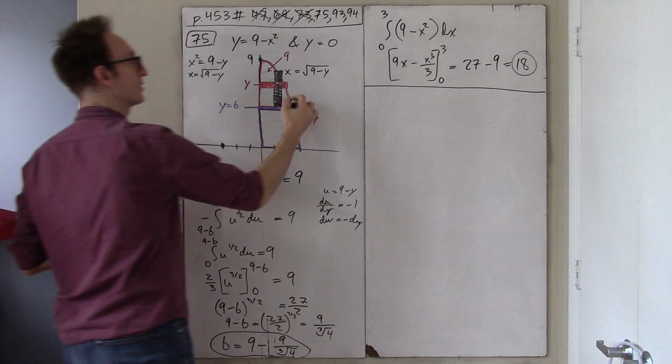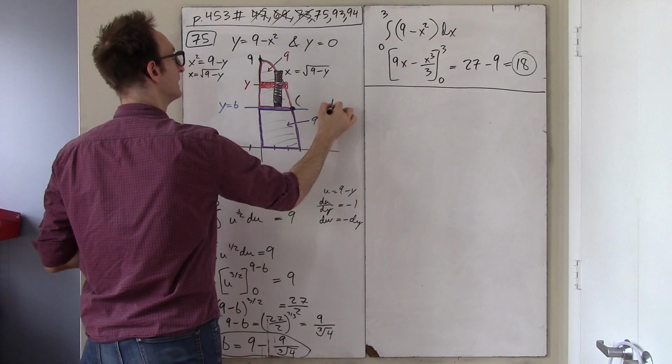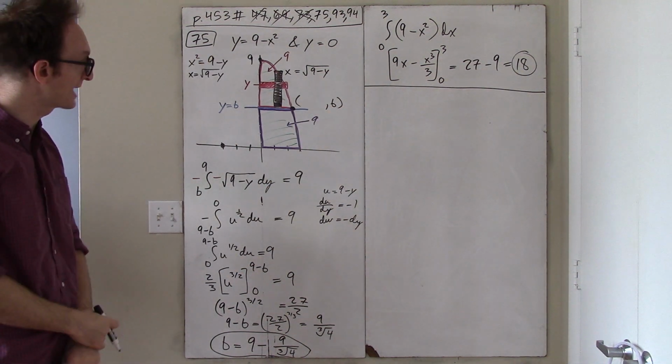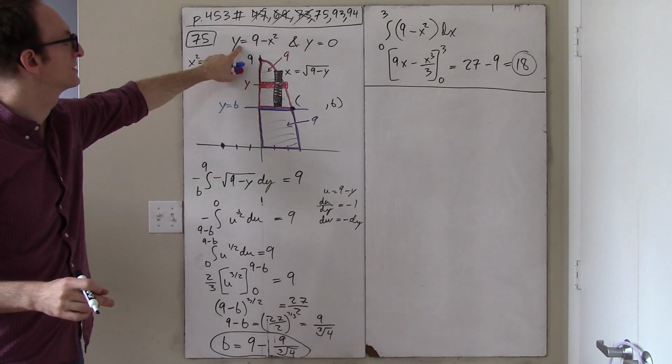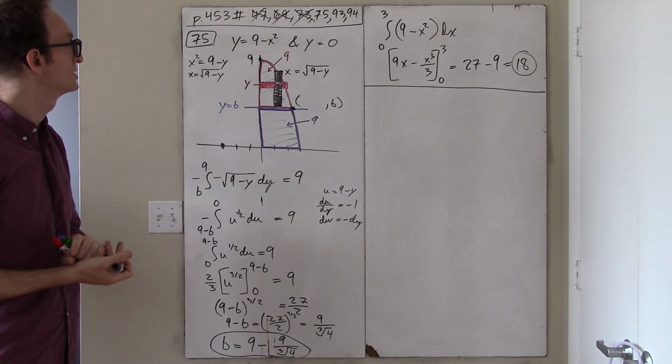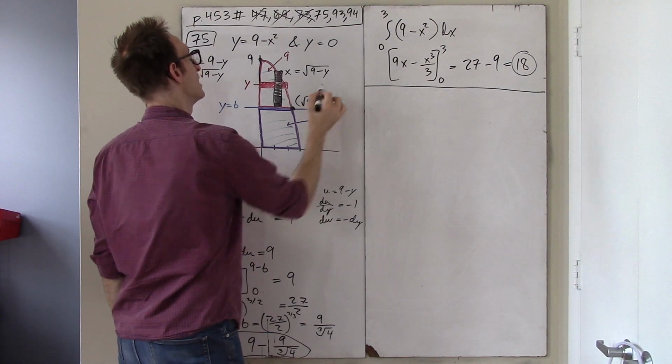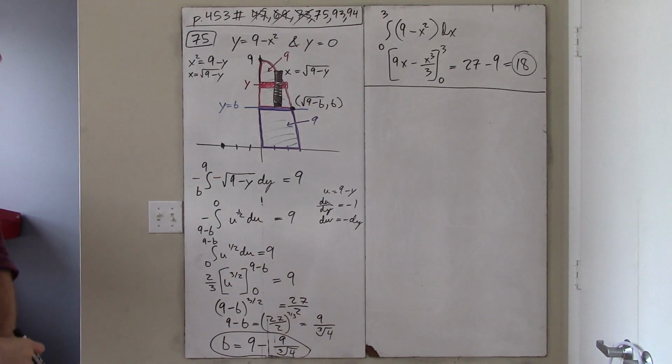So what do I have to plug into y equals 9 minus x squared to get an output of b? Well, setting y equal to b, this is root 9 minus b. So if I plug root 9 minus b in there, that's what I get.